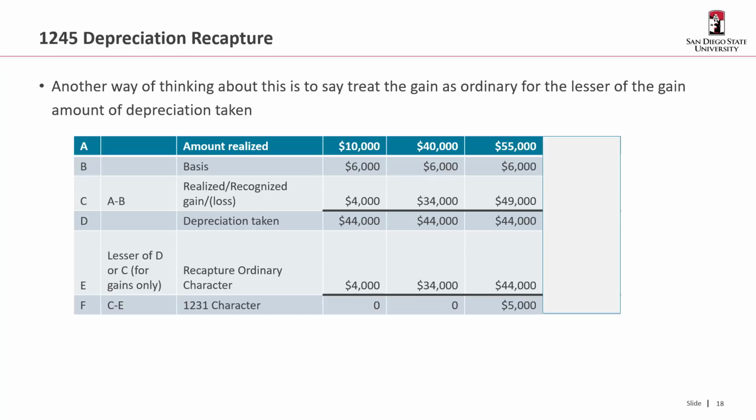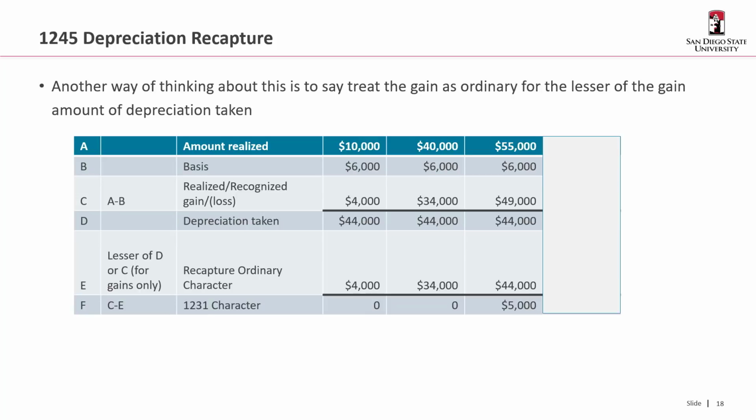And when you think about it, that makes perfect sense. If you were to flip back, you would see that Lola purchased this asset for $50,000. Really what's happened here is that asset has truly appreciated in value. It went from $5,000 to $55,000. That feels a lot like what a capital gain is supposed to represent.